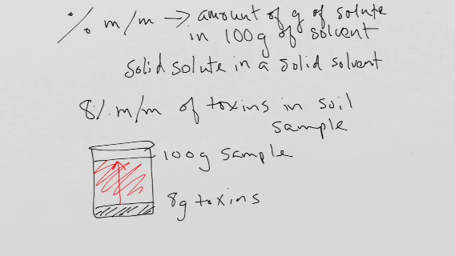This is all mixed together, but I'm telling you that in a sample of 100 grams of soil, if I go out and collect 100 grams of dirt in the ground, and I get it analyzed, and they come back and say there's an 8% mass over mass concentration of toxins in this soil sample, what it's actually saying is that in that 100 grams of soil, 8 grams are toxins.